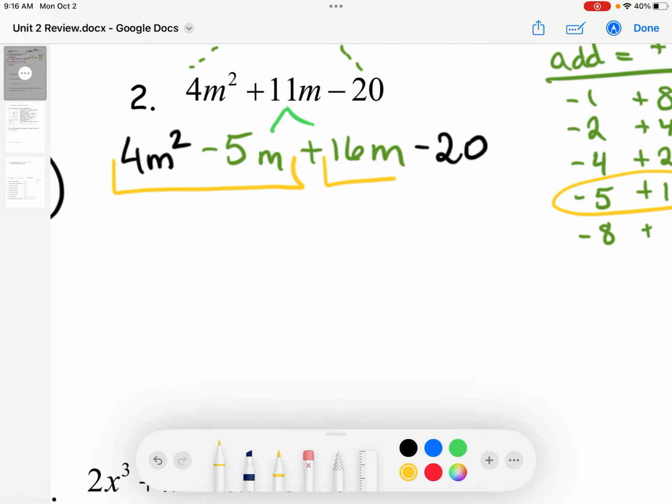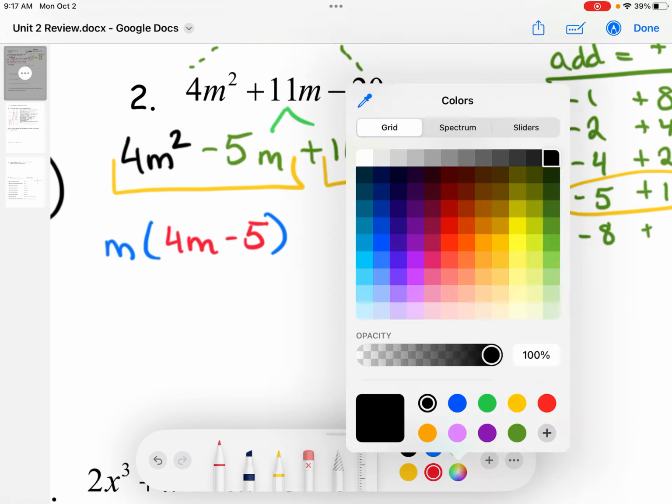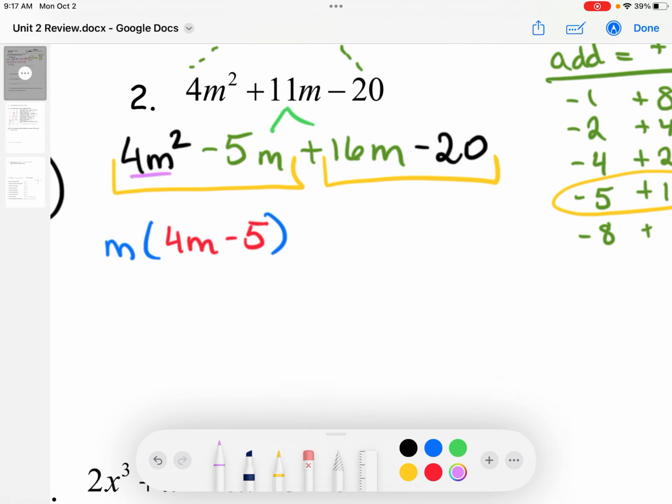So group those first 2 terms together, group the second 2 terms together. Look at the first 2 terms, 4m squared minus 5m. Their greatest common factor is m. Divide m out of each of those terms. We get 4m minus 5. That would be dividing by m.